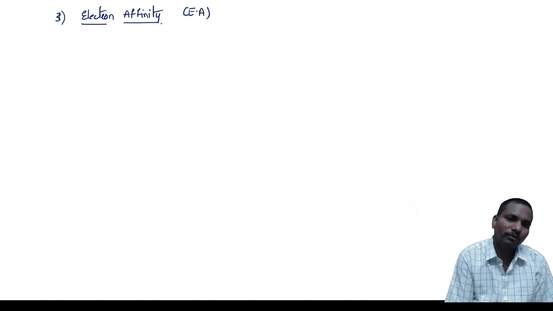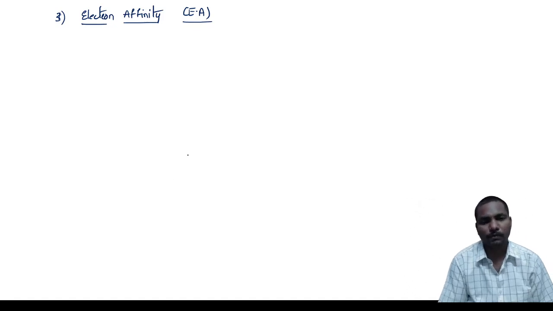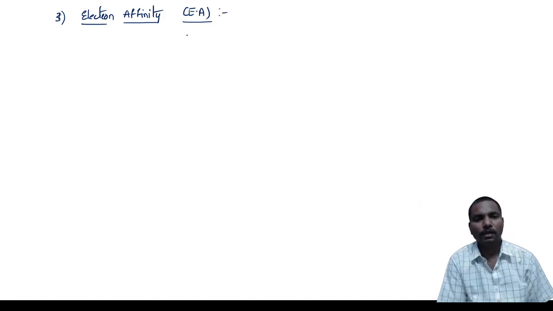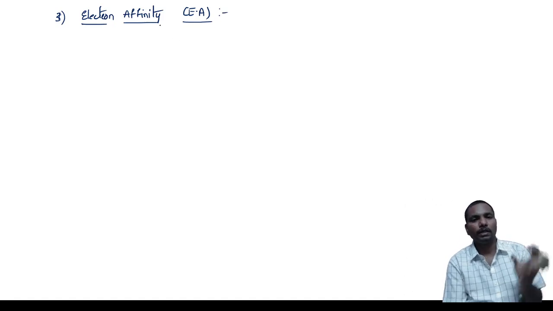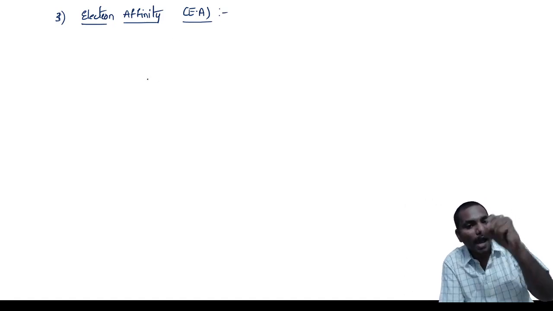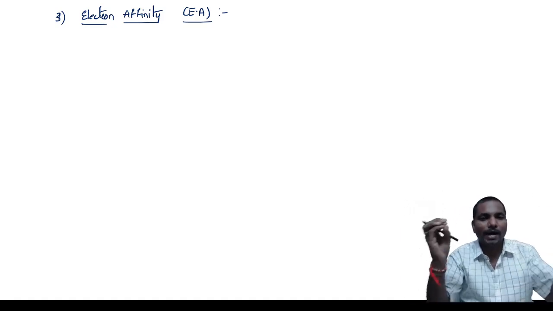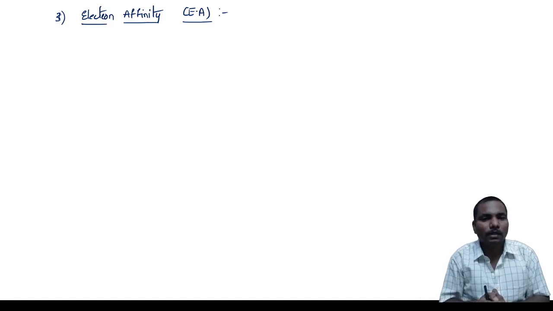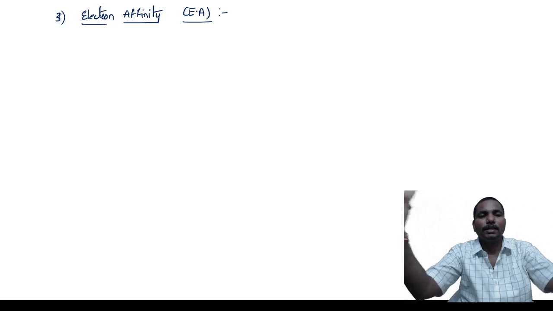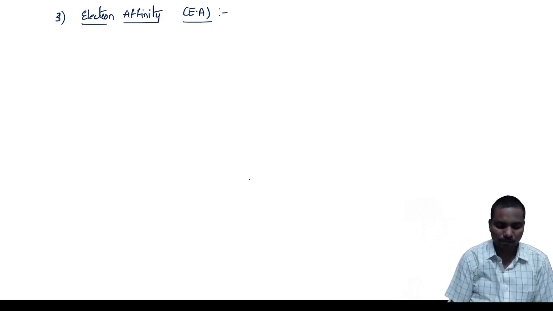It is somewhat the opposite of IP. In IP, energy is required to remove the electron. Here, in affinity, if we add an electron, how much energy is released? If we add one electron to the neutral atom, the amount of energy released is nothing but electron affinity.